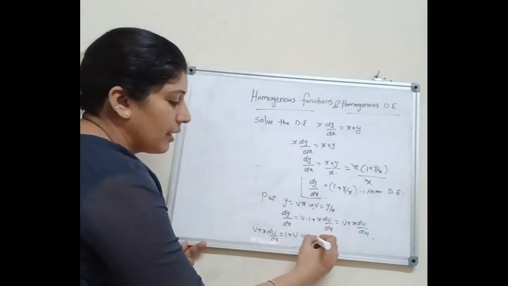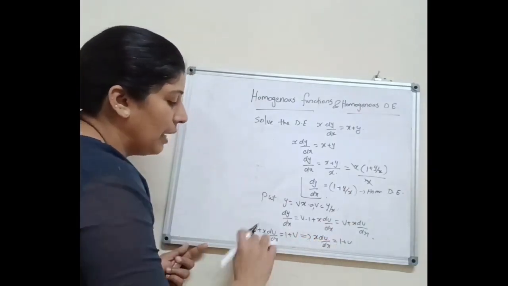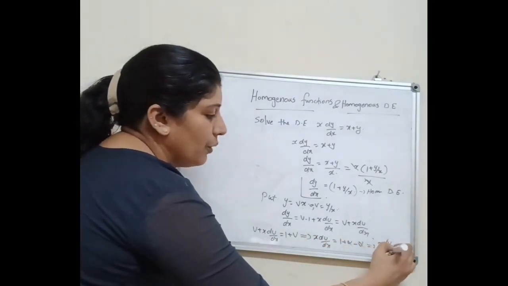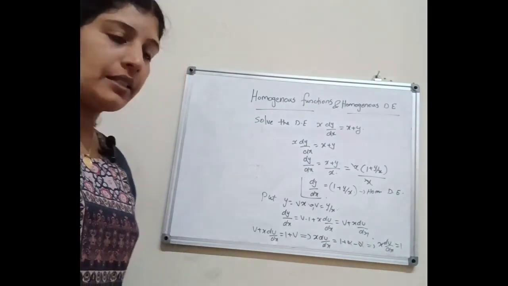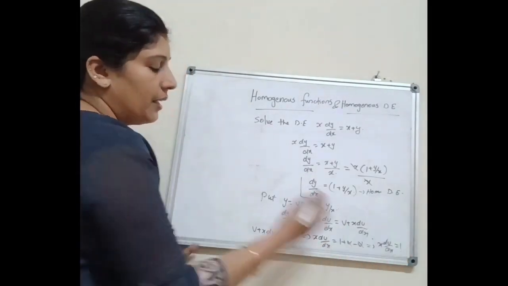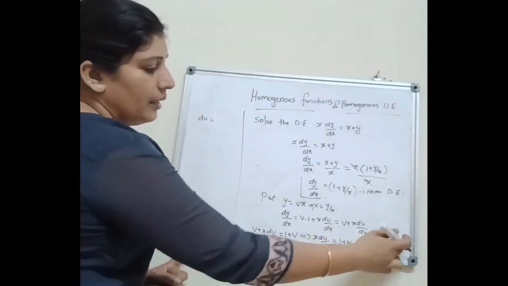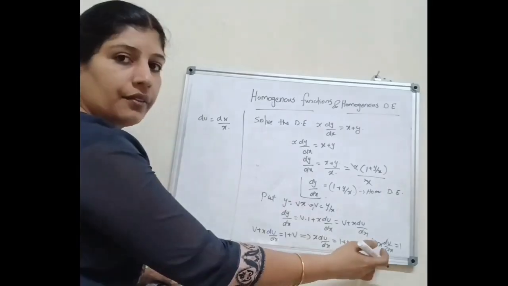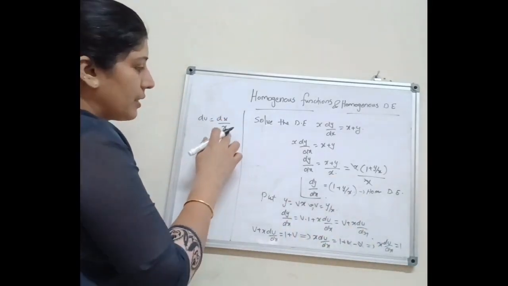That implies x into dv by dx equal to 1 plus v minus v, that is, x into dv by dx equal to 1. Next, we have to write this in variable separable form. x into dv by dx equal to 1. Therefore, dv equal to dx by x. That is the variable separable form.